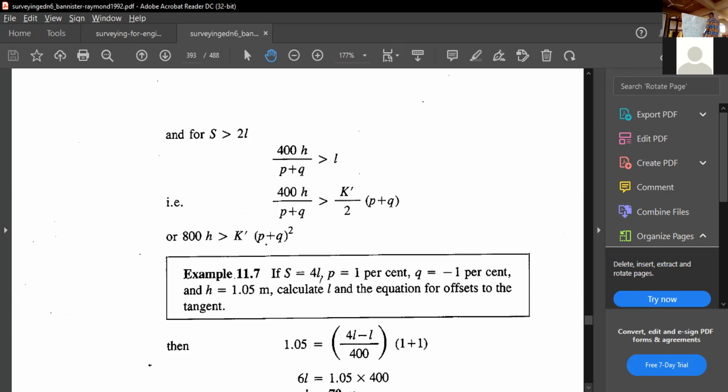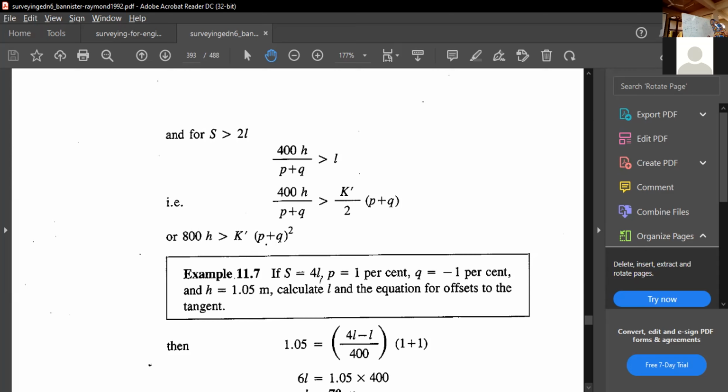So we're just going to have 4L. So S is 4L. Okay, so we have to actually make L the same as minus 400, Q plus Q. So if you make L the same, we take this other side, bring this one here, then we get 3L.